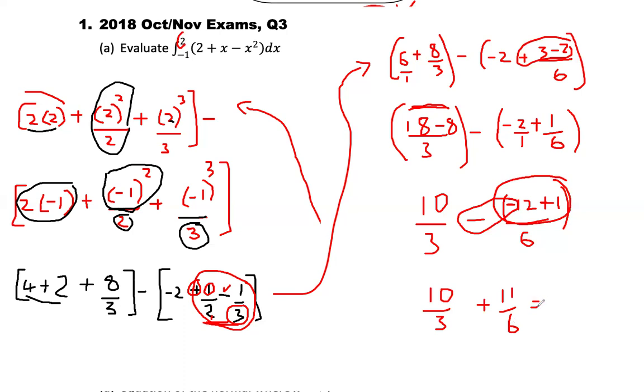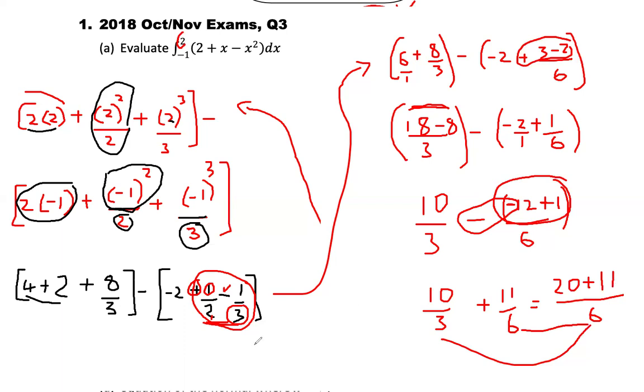Secondly, we're going to have our common denominator, which is 6. 3 into 6, 2. 2 times 10, 20. Plus 6 into 6, 1. 1 times 11 is 11.